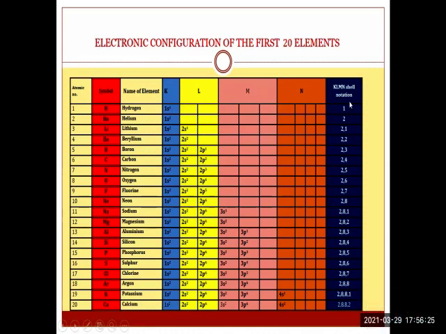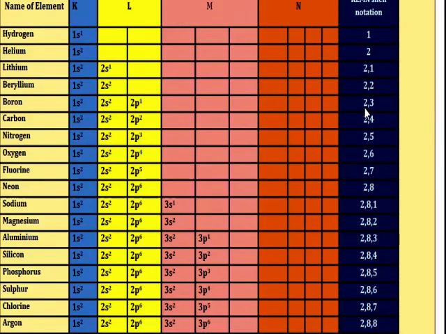But for the KLMN shell notation, it usually takes just 8. K has a maximum of 2; it cannot go more than 2. Look at this last column, the KLMN shell notation column: K2, L1; K2, L2; K2, L3; K2, L4, and so on. Helium has a stable duplet.